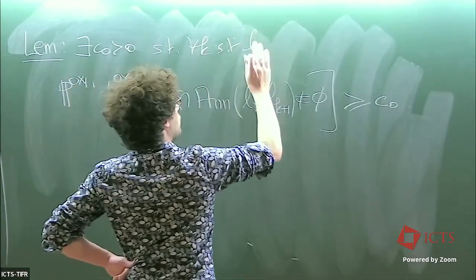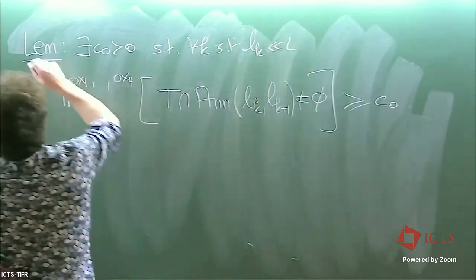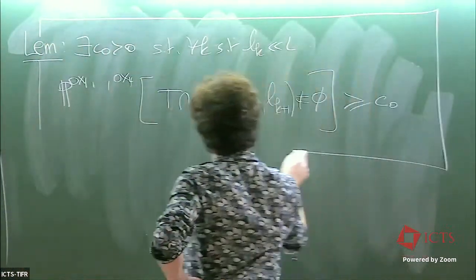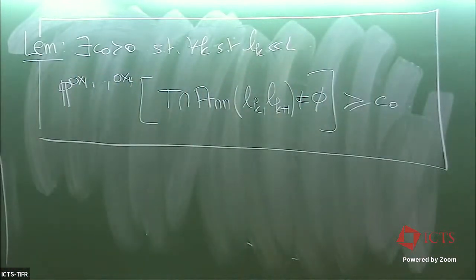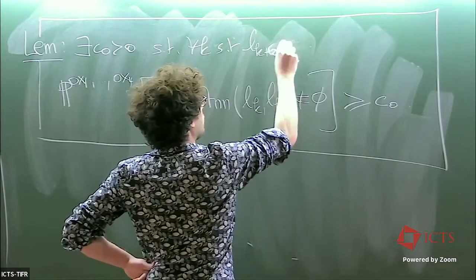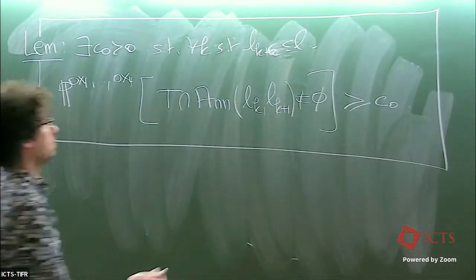And here, maybe you want L_k to be much smaller than L. By much smaller, I mean maybe something like L_{k+2}. L is a capital.